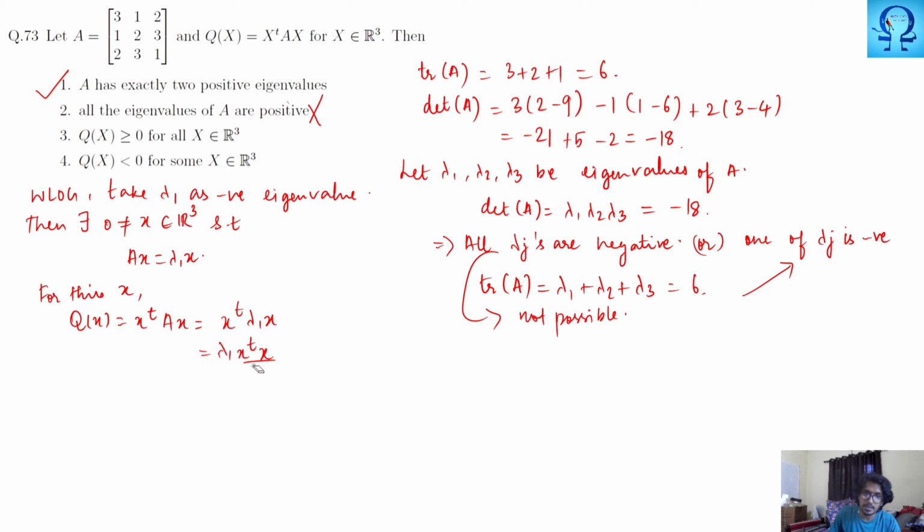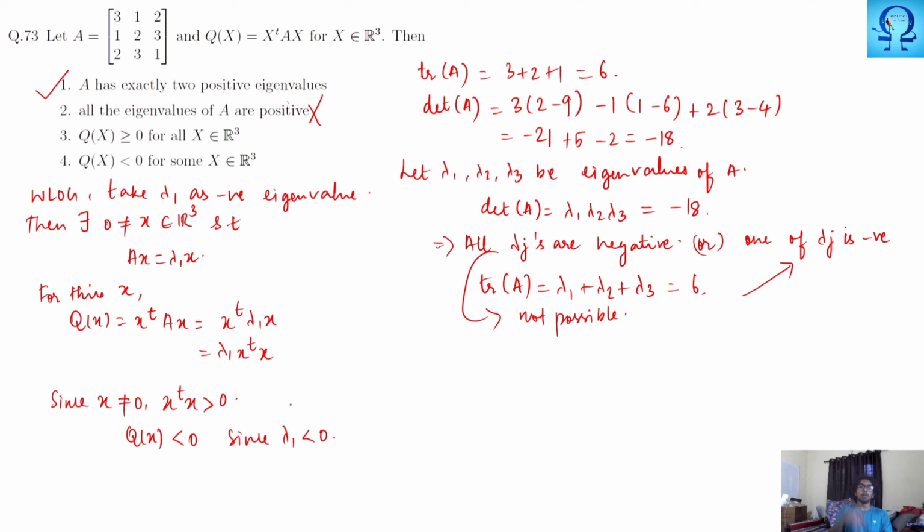This is always a non-negative quantity, right? Since x is a non-zero vector, x transpose x is positive. Therefore, what is Q of x? It is negative, since lambda 1 is negative.